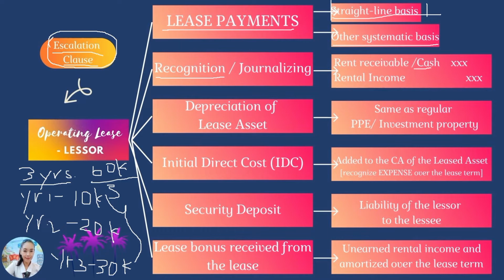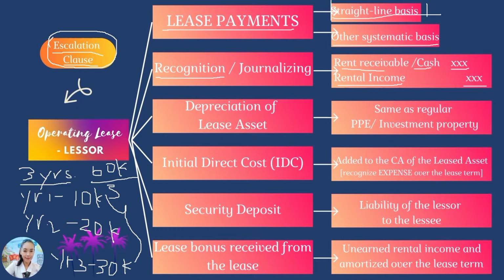So if the lessor received cash, debit cash for the amount received. Now, what he will credit is the rent income, for the amount received. And then, if it is a receivable, like the lessor did not receive cash, just simply debit the rent receivable for the amount, and still credit the rental income for the amount, right?